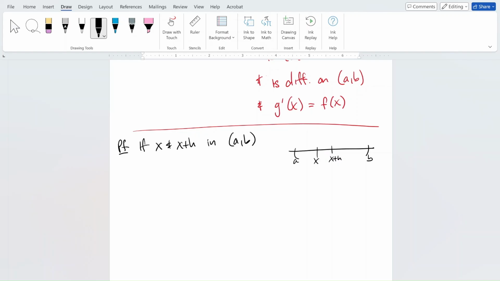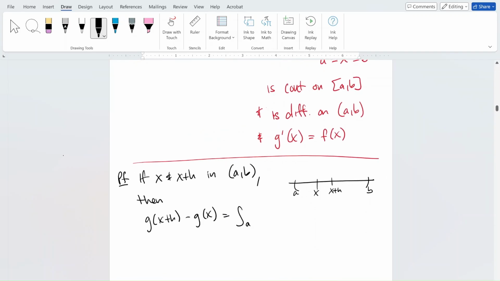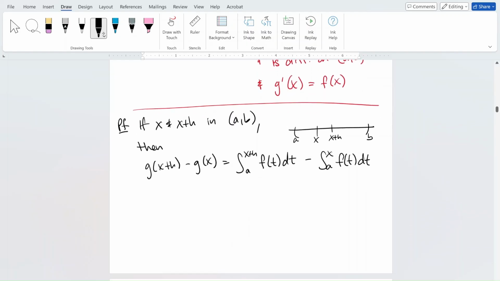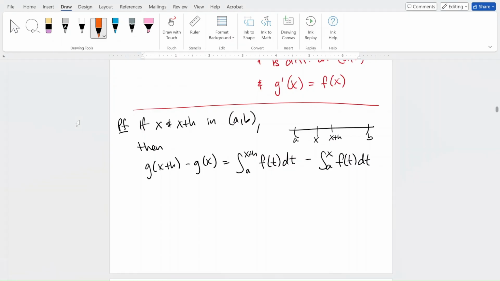Then we know that g of x plus h minus g of x, by the definition of g, is the integral from a to x plus h of f of t dt minus the integral from a to x of f of t dt. We also learned that this first integral can be broken up into multiple parts.